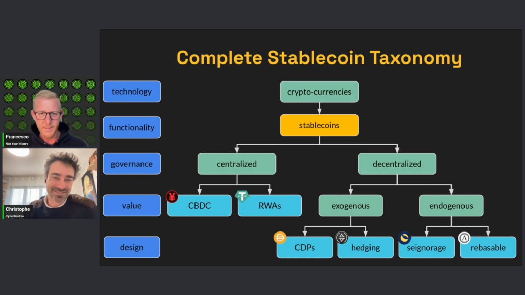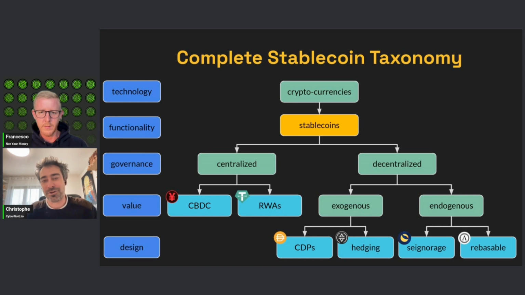So this taxonomy that you are showing on the screen right now is a more complex one than the one before, but because of the evolution and diversification of the stablecoin landscape, the previous taxonomy was not enough, because we have seen new models and new designs emerging, such as the CBDC, central bank digital currencies, that were not part of the classical taxonomy, but also we have a variety of designs in the field of decentralized stablecoin.